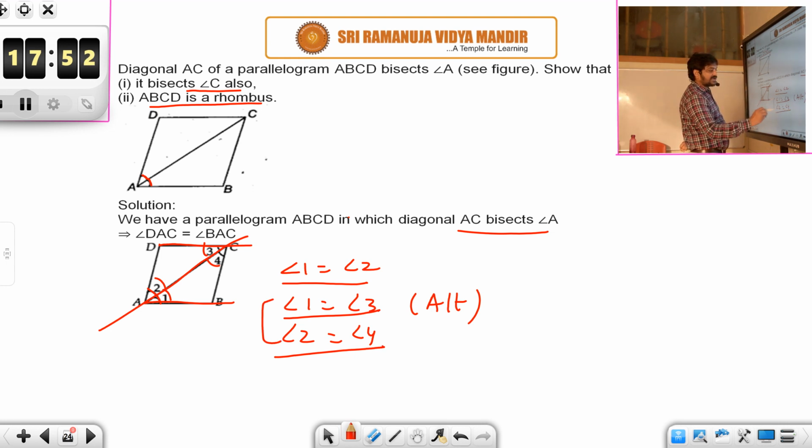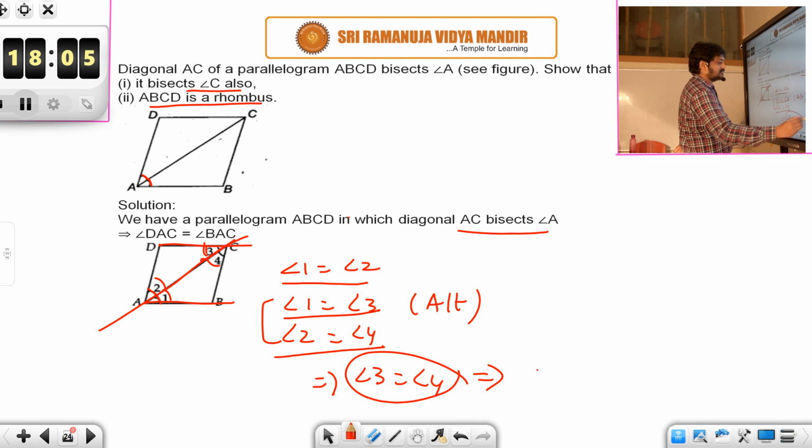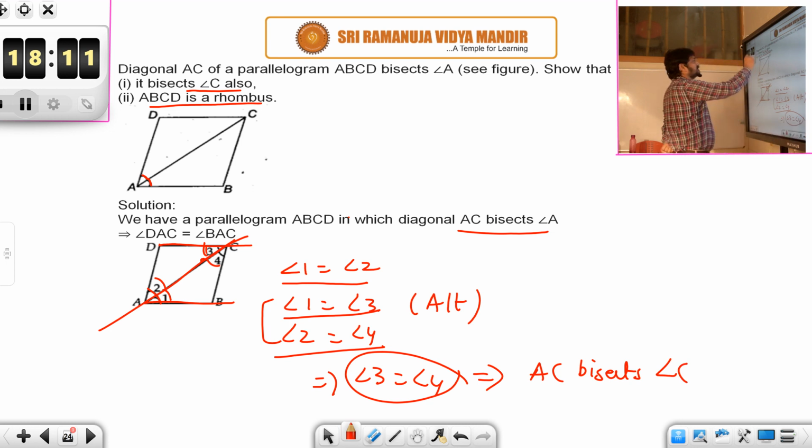But angle 1 is equal to angle 2 implies what? Angle 3 is equal to angle 4. Thus you could say that this diagonal is also bisecting angle C as well, because angle 3 is equal to angle 4 implies AC bisects angle C. So the first part is done.